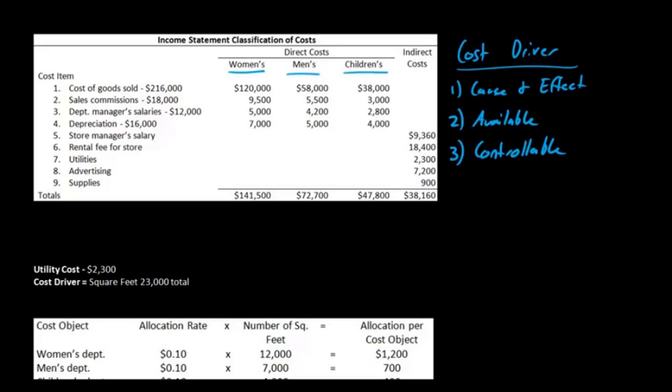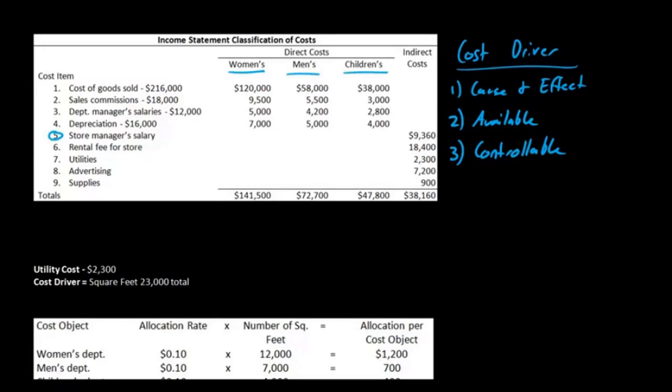If they don't have any control over how the indirect cost is allocated to them every year, they're not going to like it, because they want to have control over their bonuses. They need to have control of how this indirect cost is allocated. You need to choose a cost driver where the manager has some control over that.